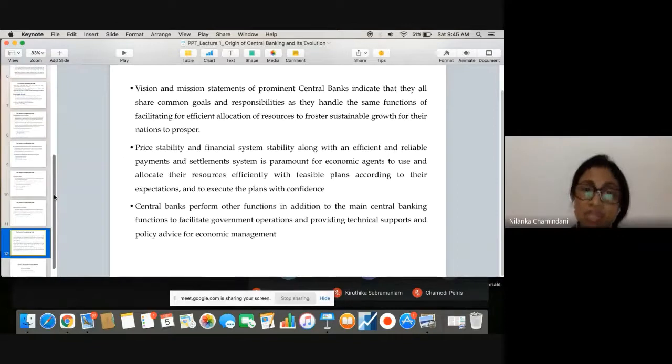So that's why one of the responsibilities of the central bank is to regulate these financial institutions as well as to supervise them, to check whether they are adhering to all the guidelines issued by the central bank as the regulator, because the central bank needs to ensure that no institution in the system is going to collapse.